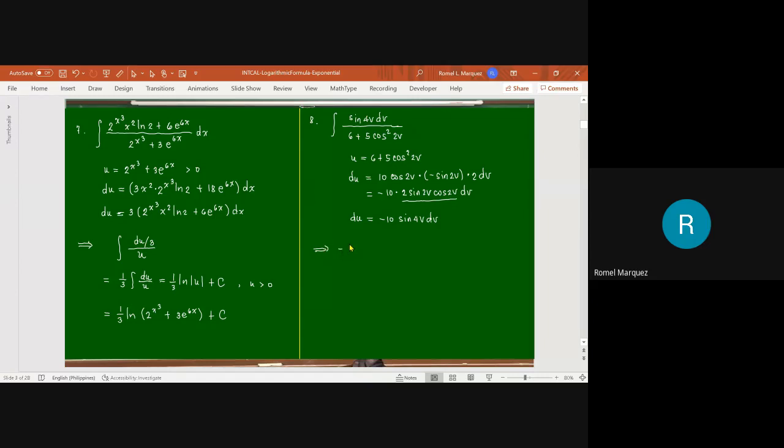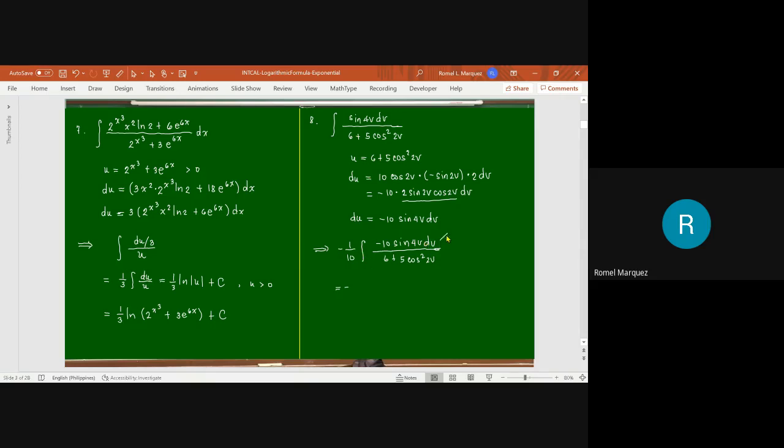We have negative 1 over 10 times the integral of negative 10 times sine 4v dv all over 6 plus 5 cosine squared 2v. How do we read this integral now?